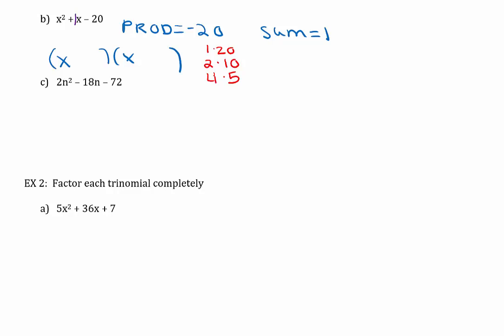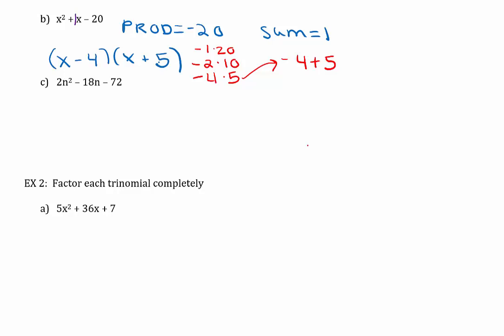But it's a negative 20, so one of those numbers has to be negative. I need a sum of positive 1. To get the numbers to add up to a positive number, the larger number must be positive and the smaller number negative. So negative 1 and 20, negative 2 and 10, negative 4 and 5. And the only one that adds up to 1 is negative 4 and 5. So my factors are x minus 4, x plus 5.